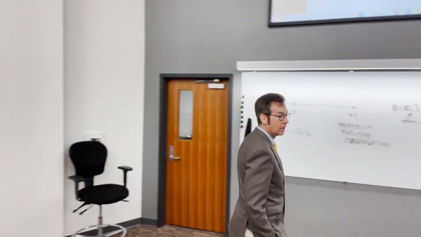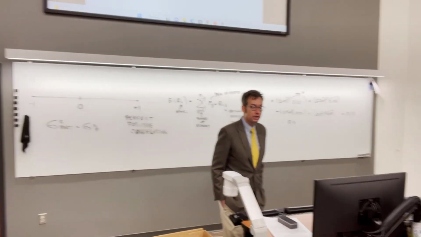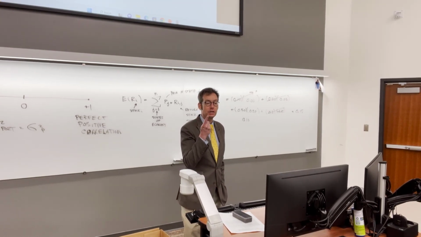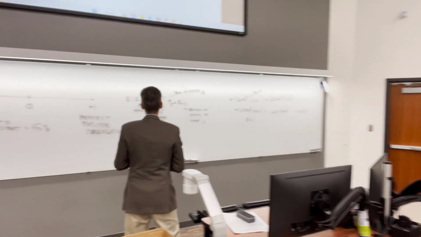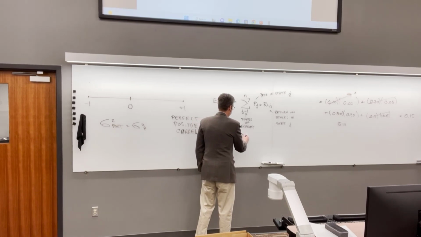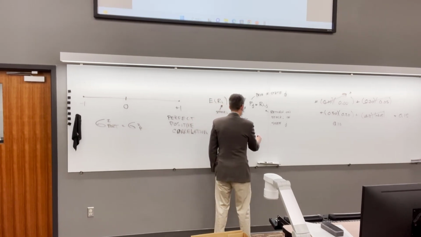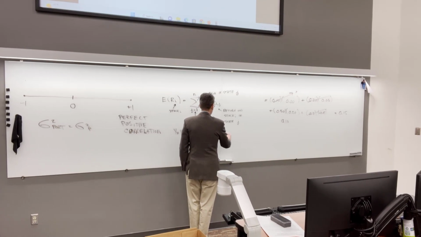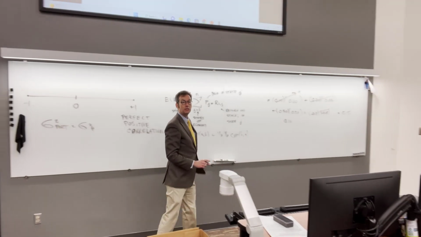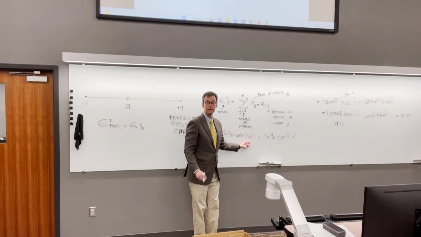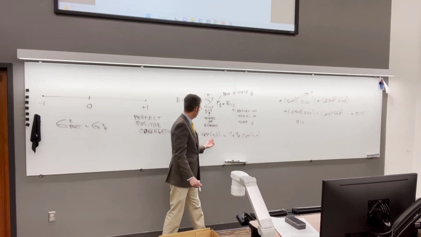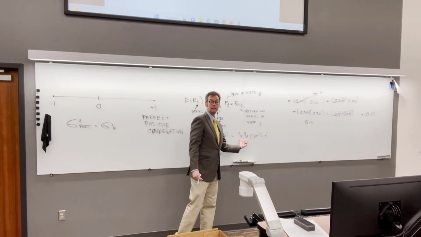By the way, when you do these terms, what you actually come out with is XA XB covariance of A with B plus XB XA covariance of B with A. But it turns out that the covariance of A with B is the same as the covariance of B with A, and XA times XB is the same as XB times XA.